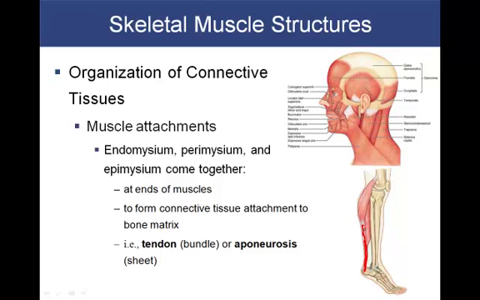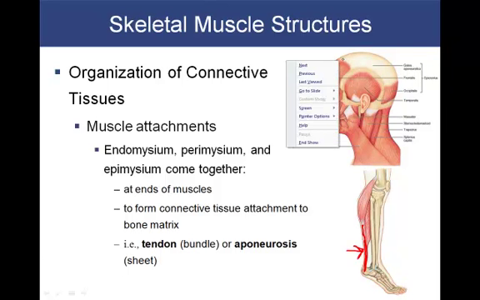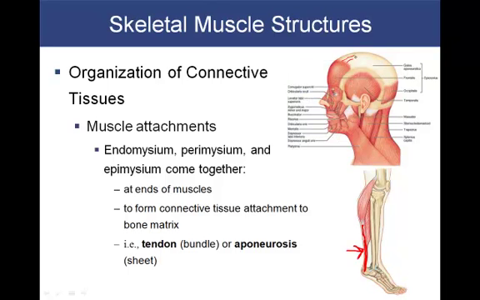So here's an example of the Achilles tendon. And an aponeurosis is a very broad sheath. So instead of all those connective tissue layers coming together to form a band, an aponeurosis is a very broad sheath. And here off the frontal muscle we find a very broad sheath.